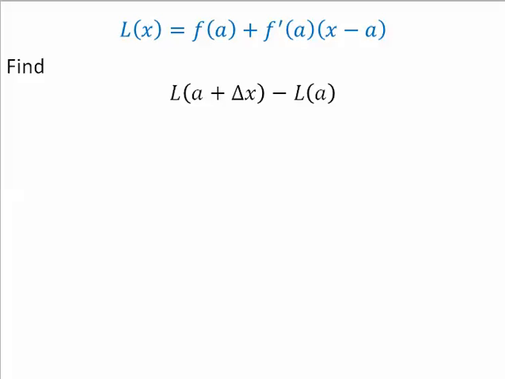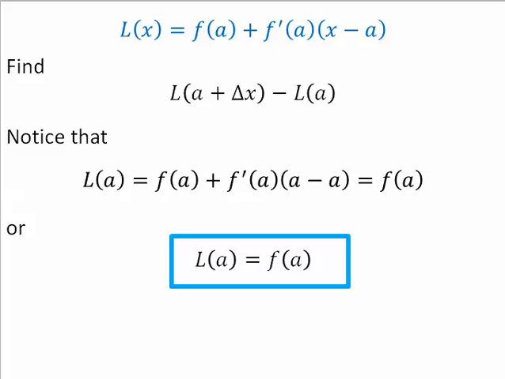Let's find that change in the linear approximation. Notice that the tangent line and the function have the same height at the point of tangency. We're going to use that in a little bit.